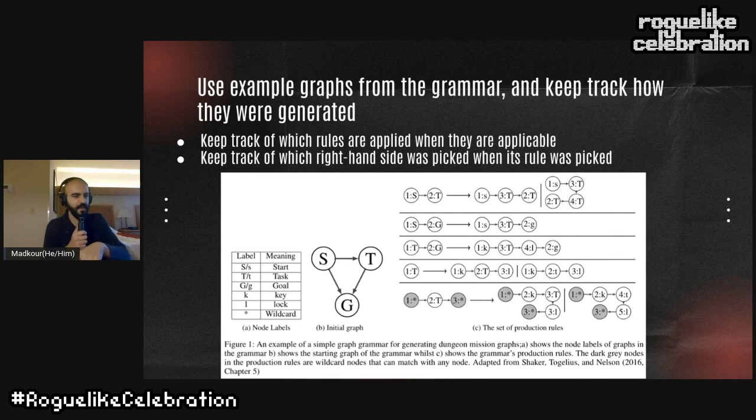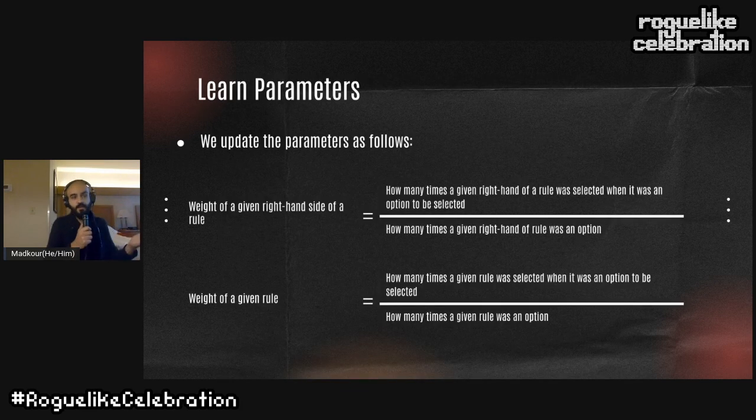It's a fancy name for something relatively straightforward. You keep track of which rules were applied when they were applicable, and which right-hand side was applied when applicable. That way you have something to keep track of, such that you can compute a weight or a parameter for the rule, both on the right-hand side and for when it was applicable.